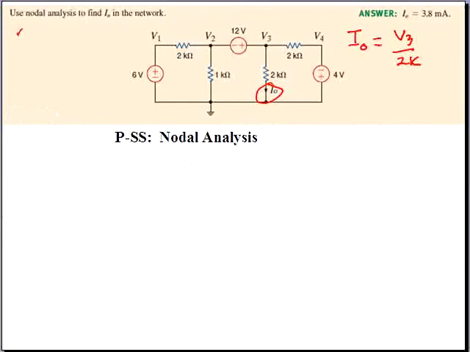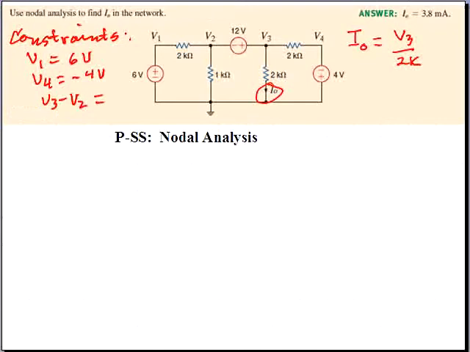We have constraints on those voltage sources, and that would be that V1 is equal to 6 volts, V4 is equal to minus 4 volts, and then we have a floating voltage source, V3 minus V2 is equal to 12 volts. And we can rewrite that as V2 is equal to V3 minus 12 volts.